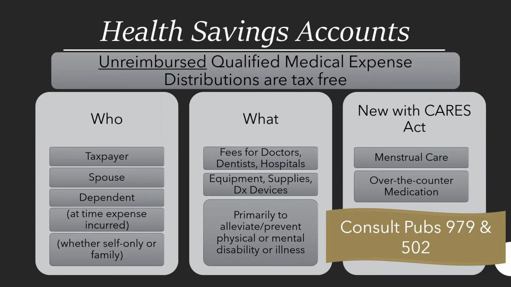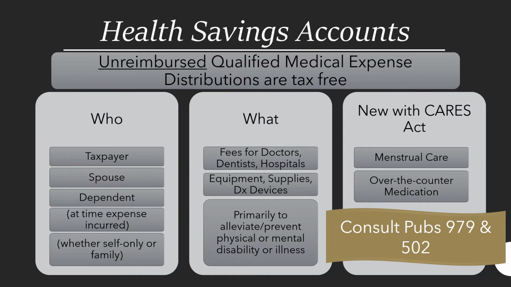Let's look at the other side, distributions. So what happens when we take money out of these accounts? Now, in order to not trigger any taxes and any penalty taxes, distributions need to be for unreimbursed qualified medical expenses. And it matters who they are paid for, so it needs to be the taxpayer or the taxpayer's spouse if they're filing jointly, or it could be a dependent. And that would be at the time the expense was incurred.